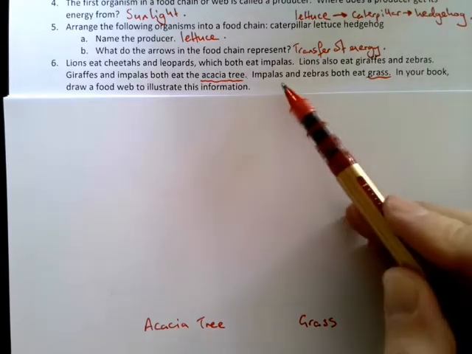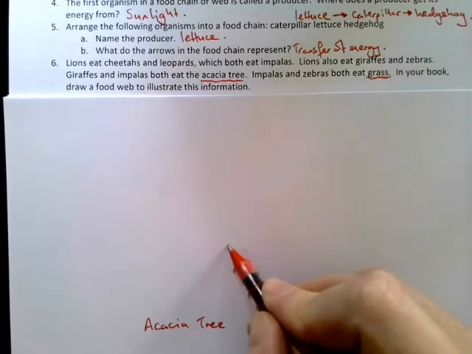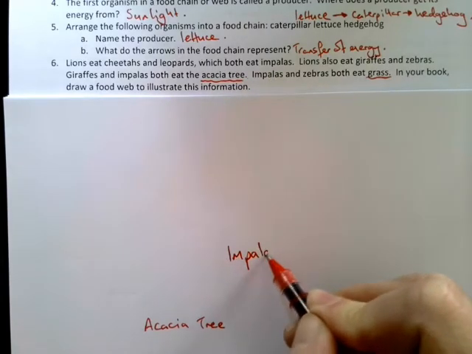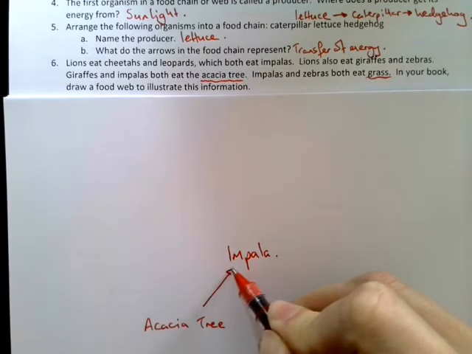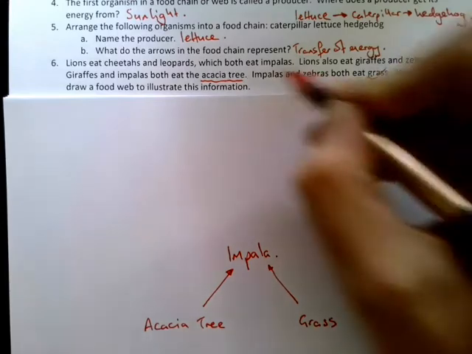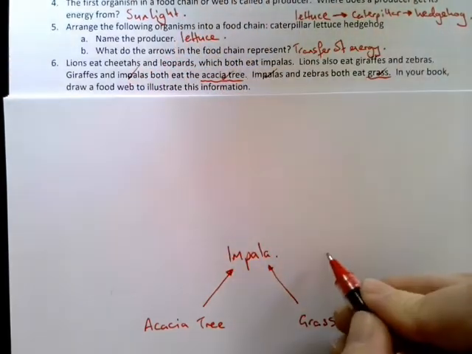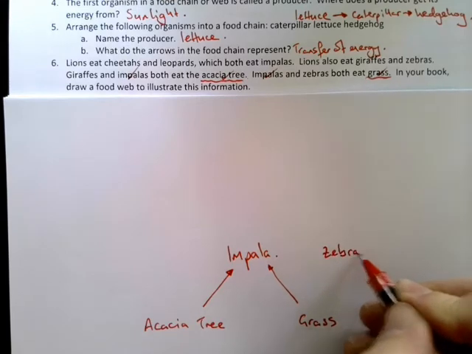Now I can see that impalas are going to eat both the grass and the acacia tree. So I'm going to put the impala in the middle. And then I can have that going up there and that going up there. So I've done grass, I've done the acacia tree, I've done my impalas. Now a zebra also eats grass, so I can put my zebra over here.